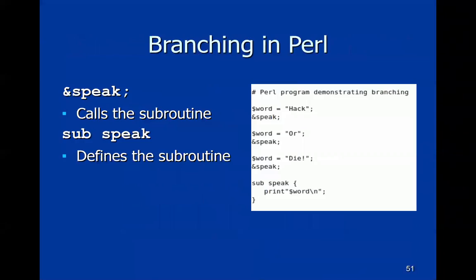Very strange syntax. So you can make a subroutine called speak that will print a word, and then you call it with ampersand speak. And you put semicolons at the end of the lines. So you can build code with subroutines and such, but it looks kind of screwy. And down here, you have to put a $ in front of the word because it's a variable. So that's the joy of Perl.